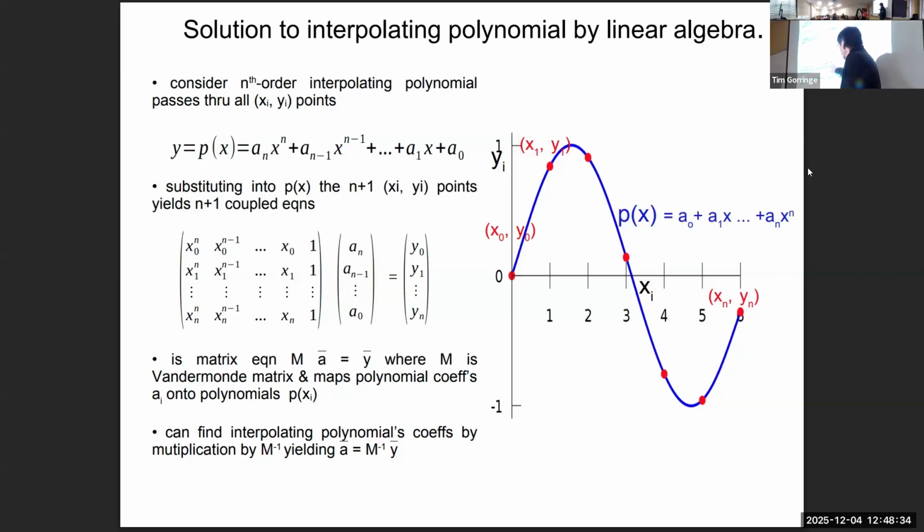And so that will be one approach to finding the coefficients of the polynomial that passes smoothly through all our data points, our interpolating polynomial. And we'll go ahead and use the linear algebra in NumPy to apply this approach to find this polynomial.